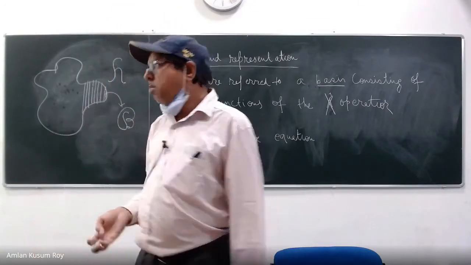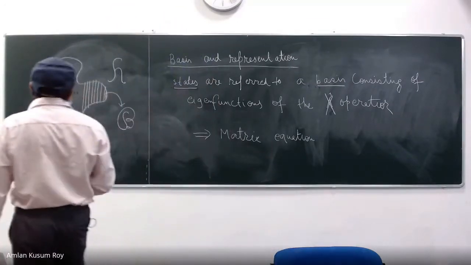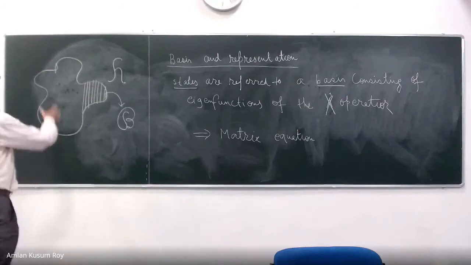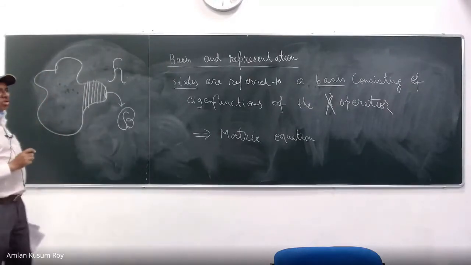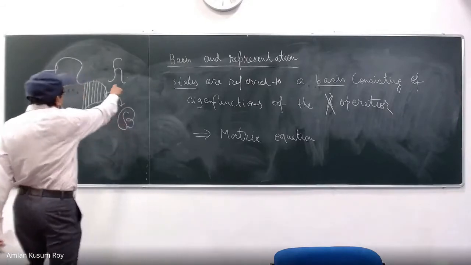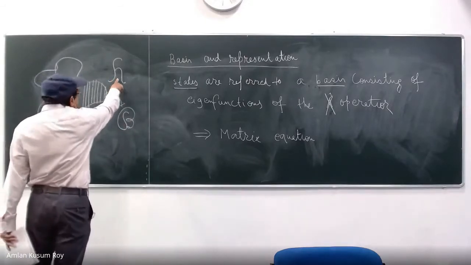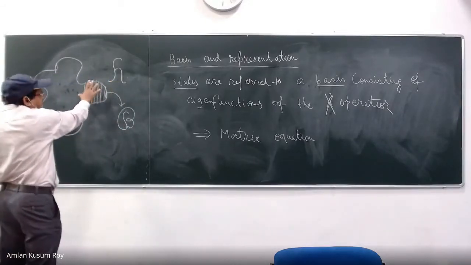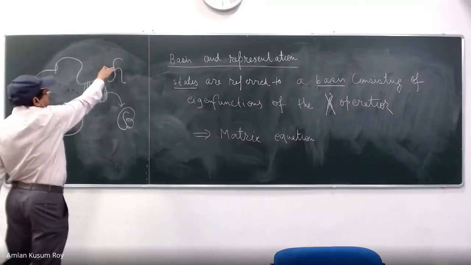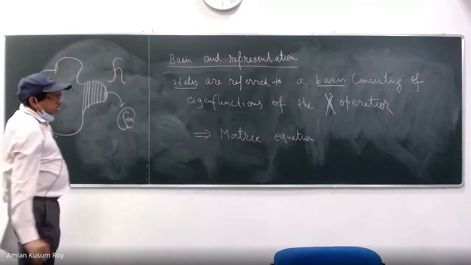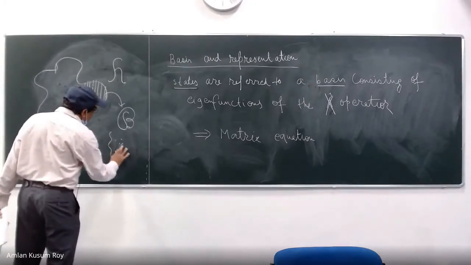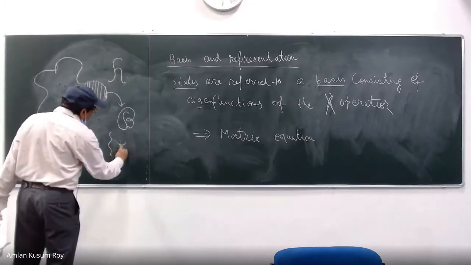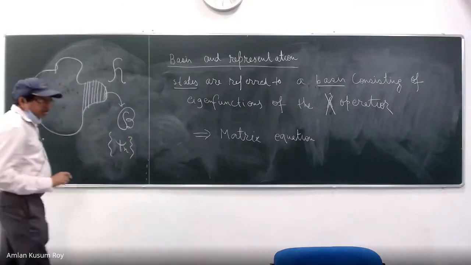Now, what is interesting to note is that there is any arbitrary function. So let there be a space of functions which is called H, and let there be a subset of functions within H which is to be called a basis. That means my psi n can be particle in a box, or it can be several others.